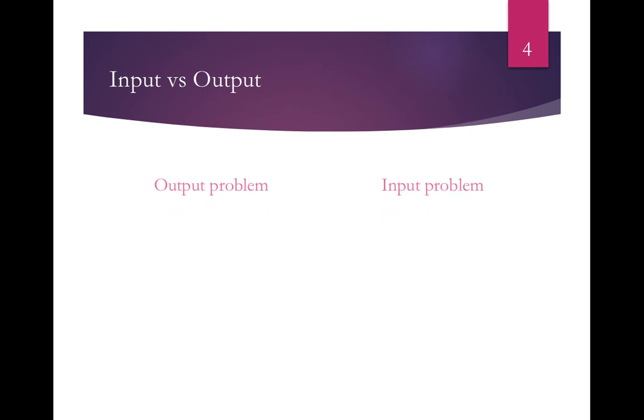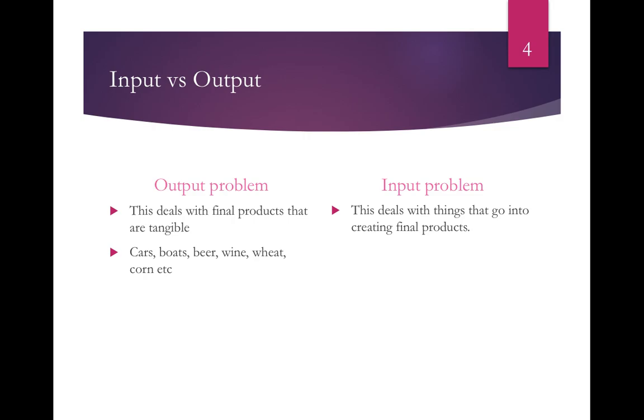We have output problems and we have input problems. I'm going to talk to you about what each of these is and then how we go about solving them. First, an output problem. Output problems deal with final goods and services, things that are tangible, things that you can get your hands on. So we're talking about cars, boats, beer, wine, wheat, corn, anything that you can touch, hold, hang on to.